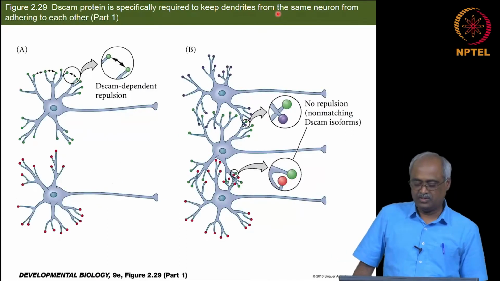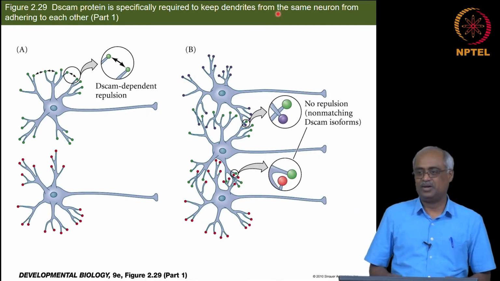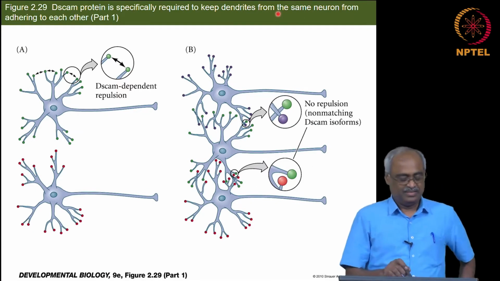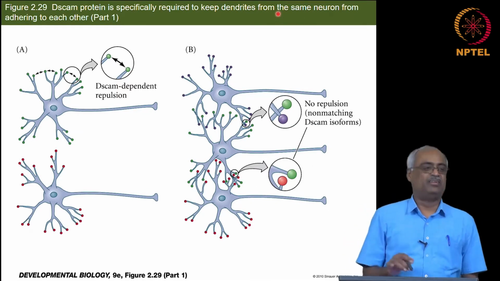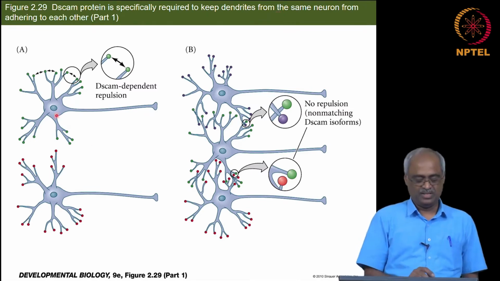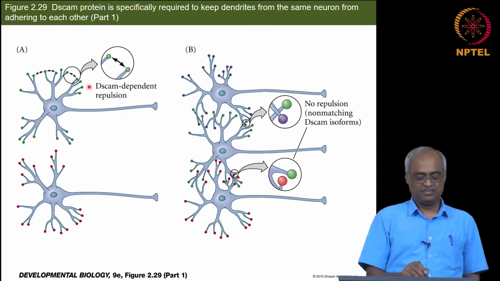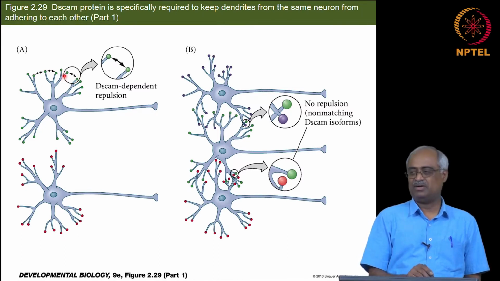So, now let us look at why that is important, how that helps. This is more like the VDJ recombination in human B cells, serving a similar purpose here, but for self recognition. So, here is a neuron. Here you have branched dendrites, and these dendrites need to know they are coming from the same cell body.